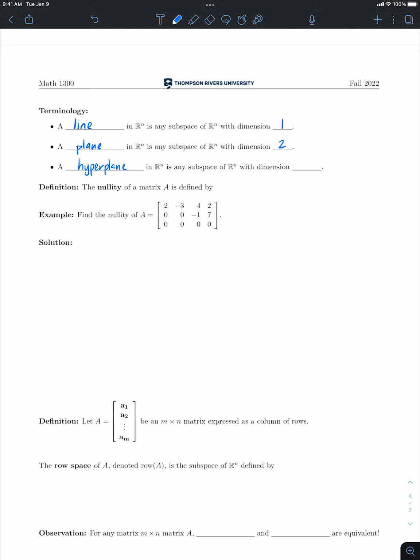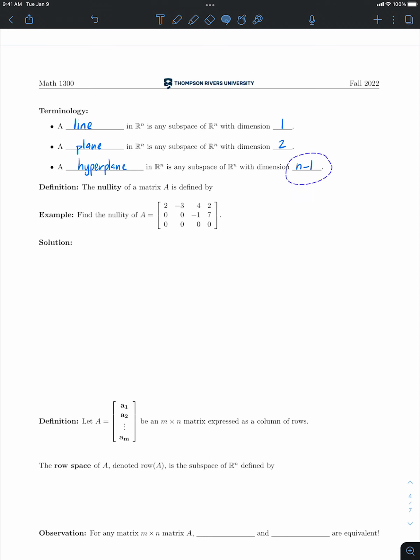A hyperplane in Rn is a subspace of Rn with what you'll sometimes hear called codimension 1. But in our case, we're just going to say it has dimension n minus 1. Codimension 1 means it's one dimension less than the whole space. So that's what a hyperplane is.